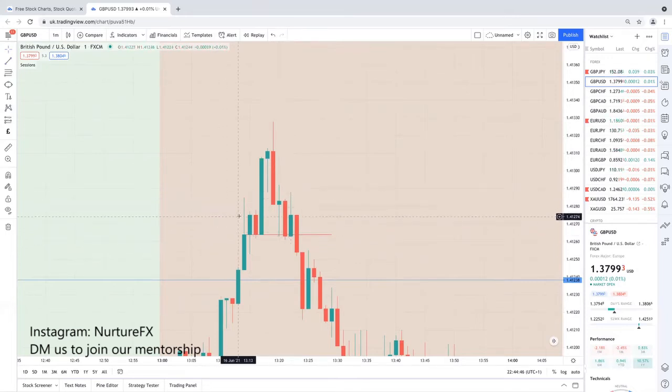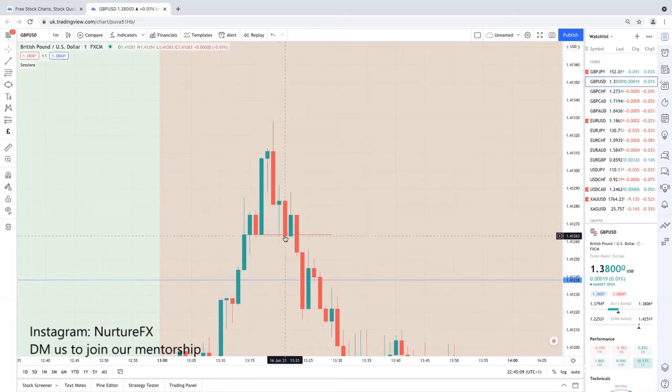This one you'd have to be so quick on, and this is why in the mentorship we can't always put a signal of what we are trading through, because of how quick it happens.